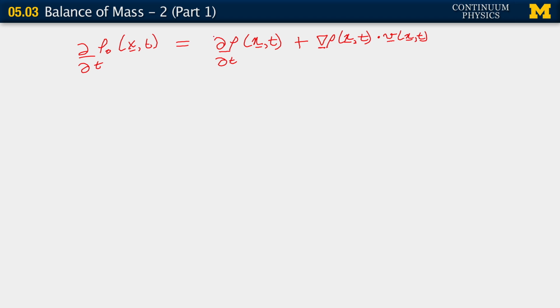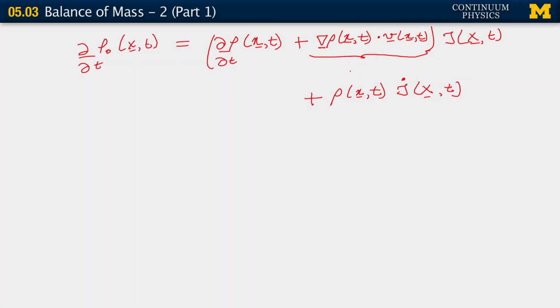All of this multiplying j, capital X comma t, plus rho of little x comma time times j dot. The last partial time derivative on j is just j dot, because the other argument of j is capital X, which is fixed, of course. Okay, so we have this.